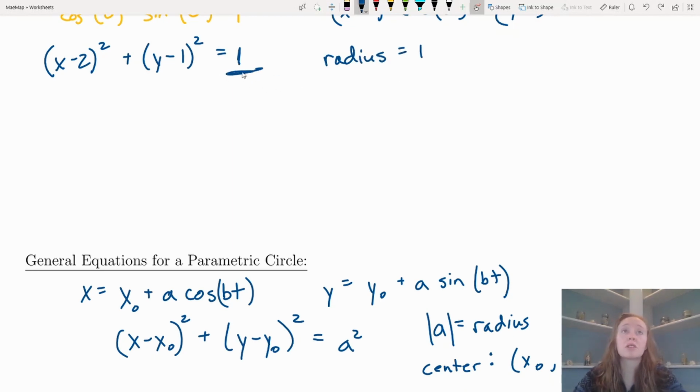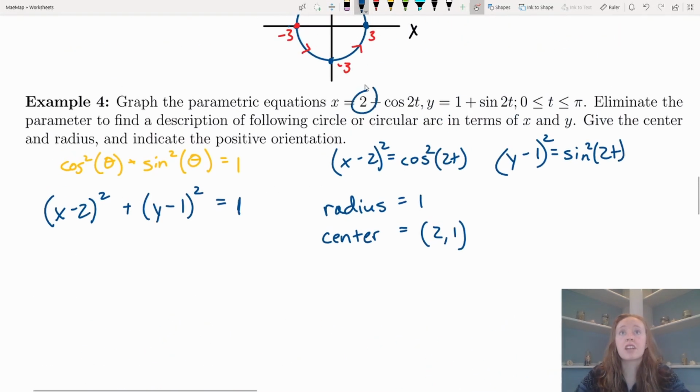Squared is 1, so the square root of a squared is also 1, and my center is now 2, 1. Here's that x naught, here's that y naught. So either formula you can use to get that value. And looking at our b, because our b is positive, this is going to go in the counterclockwise direction.